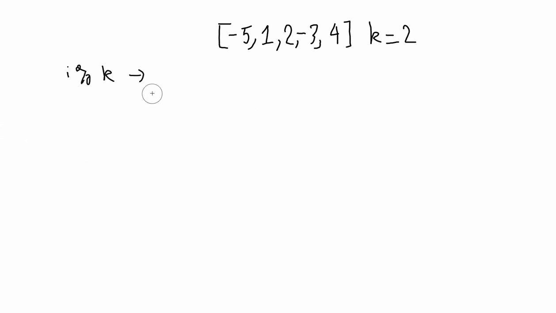However, if we recognize that we do not have a subarray of length 0, right? So let's say we start from index 0, and we increment it by 1, so it will start from index 1.